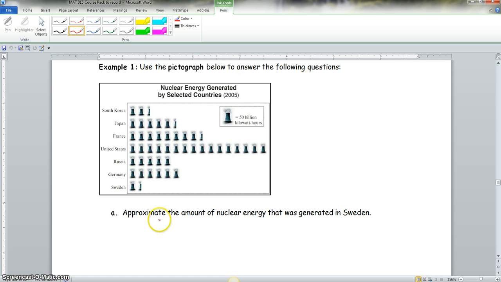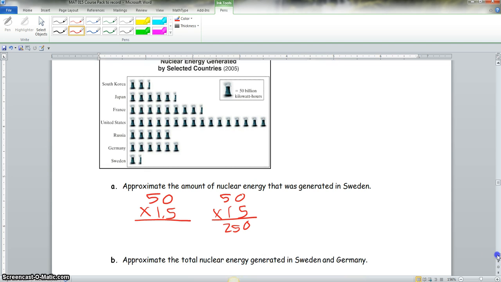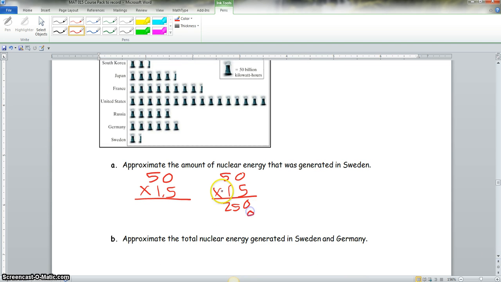So we could take 50 times 1.5. And we will rewrite this as 50 times 15. 5 times 0 is 0. 5 times 5 is 25. We add a 0 here. 1 times 0 is 0, and 1 times 5 is 5. So we add them together. We have 0, 5, and 7.